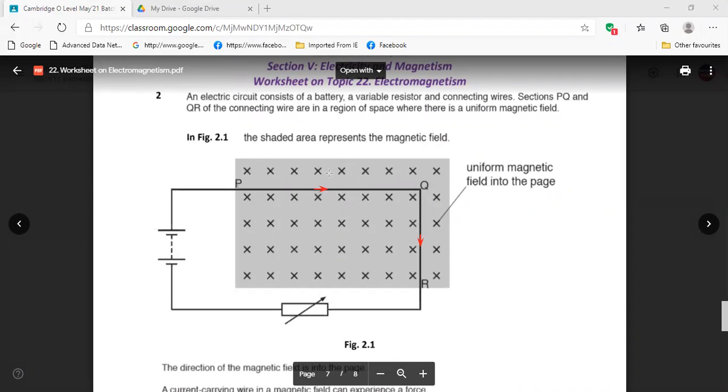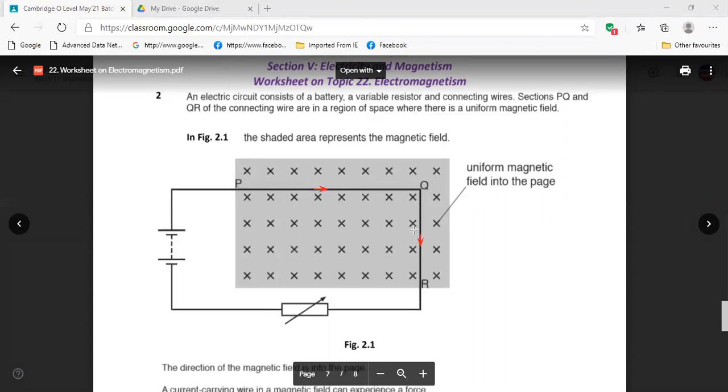The force will be working on PQ and QR both, because only these two parts are in the magnetic field. Magnetic field into the page means your first finger will be towards the screen. Second finger for PQ is to the right side. Then your thumb is upwards, right?